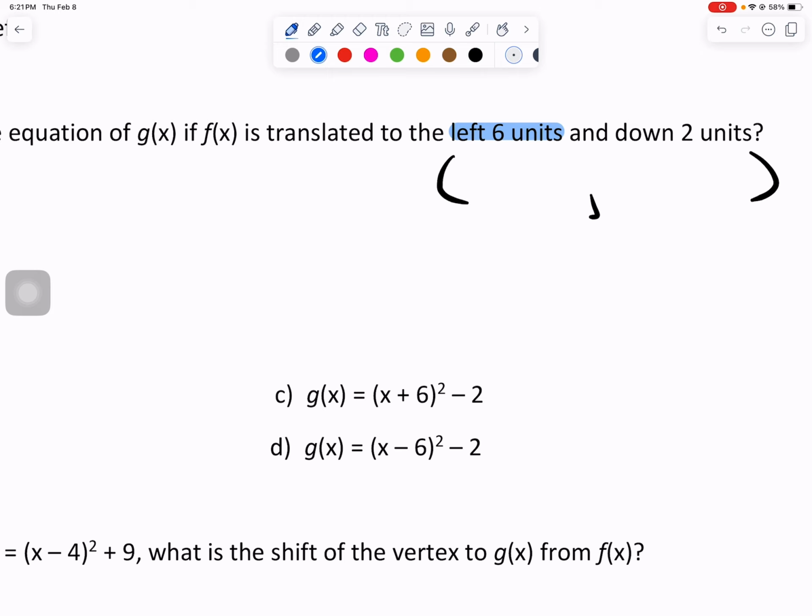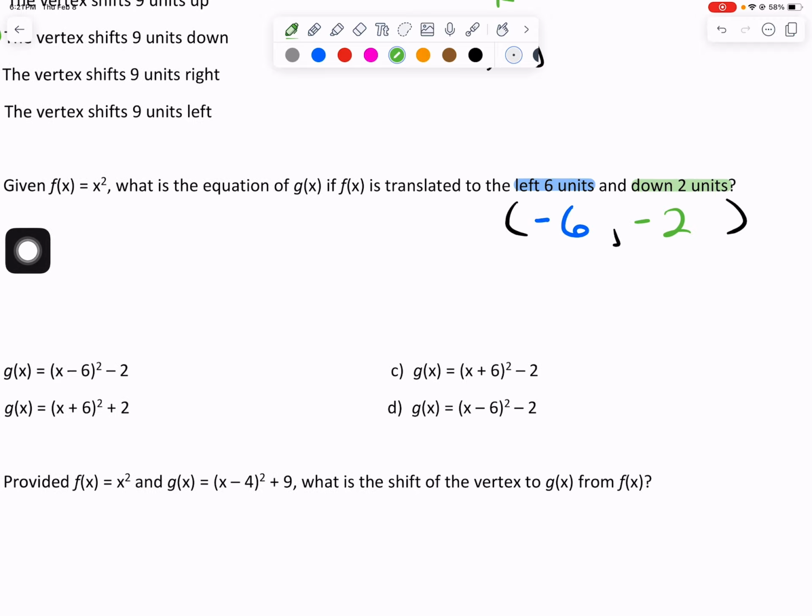If I'm going left 6 along my x-axis, which is horizontal because that left 6 is our h value, we'd be going negative 6. And then if we are going down 2 units, that would also be a negative because we'd be going down into the negative, so negative 2.